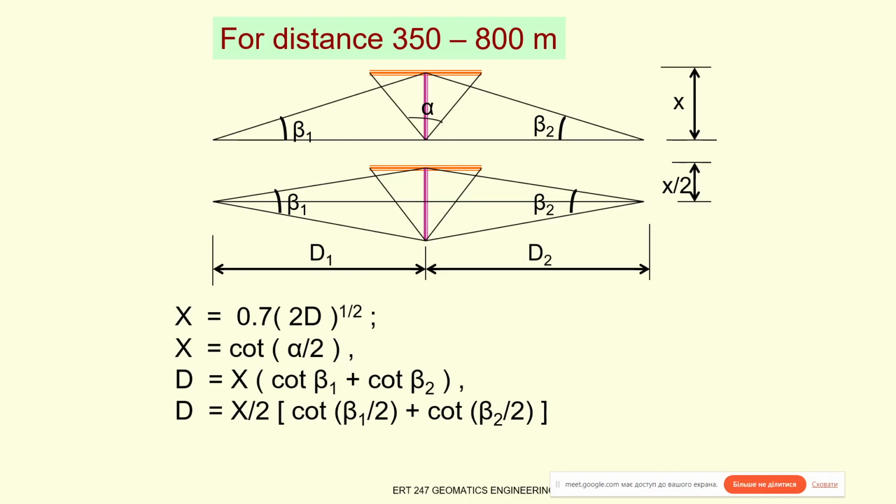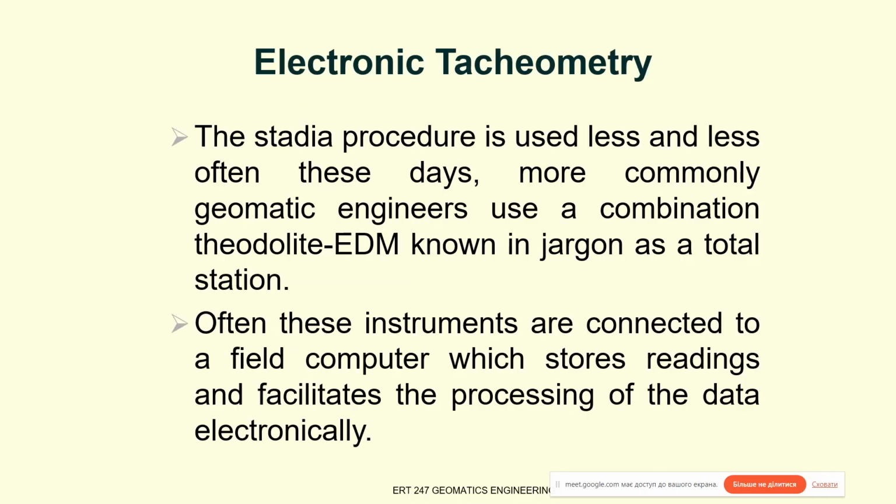Well, all these methods are quite uncommon nowadays. Nowadays, the main method is electronic tachometry. The stadia procedure is used less and less often these days. More commonly, geomatic engineers use a combination of theodolite and electronic distance meter, known in jargon as a total station.